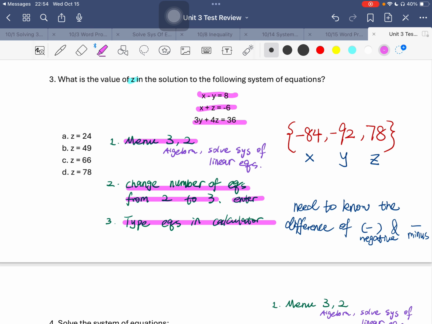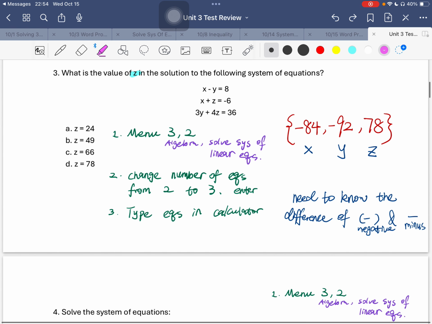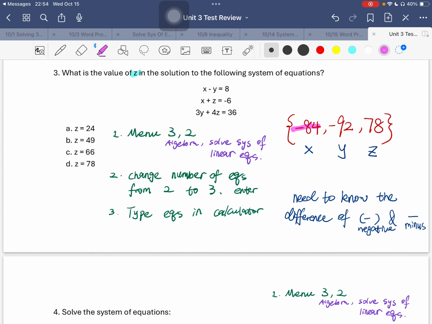Equation 1, equation 2, equation 3. Okay, the answer I get from the calculator is negative 84, negative 92, 78. And they're always in the order of X, Y, Z. For this question, I'm looking for Z, so pick the correct answer.